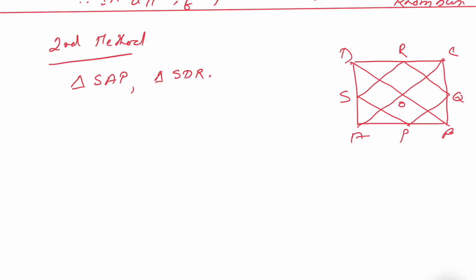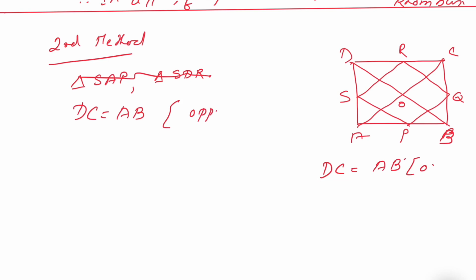So we can say DC is equal to AB because opposite sides of a rectangle are equal. Therefore half of CD is equal to half of AB. Half of CD you can take as RD, and half of AB you can take as AP.